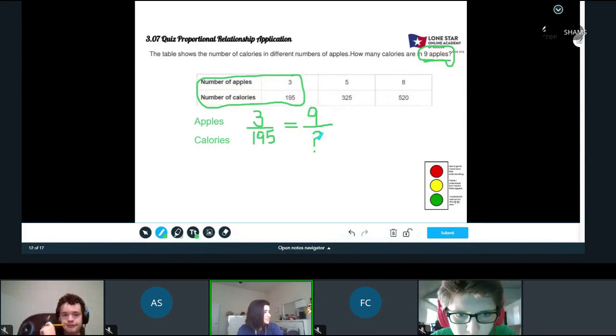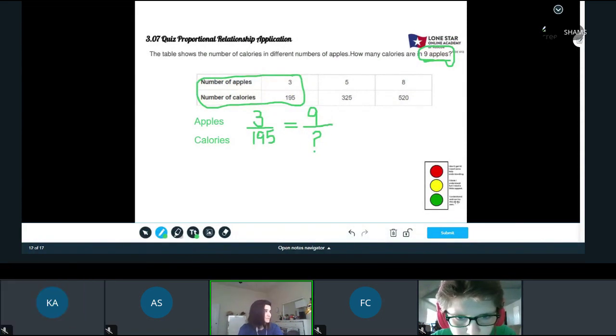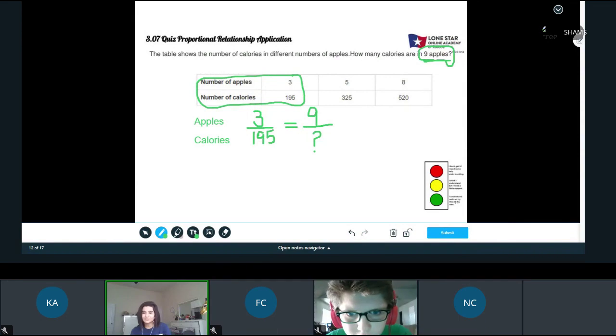And you want to find how many calories are in 9 apples. But I agree with you in a way. 65 is the number of calories in 1 apple. I agree with you. But how many calories are there in 9 apples? Then I would multiply 9 times 65 to get my answer.